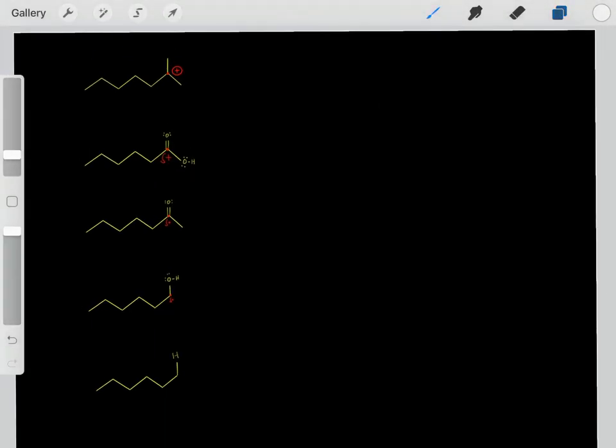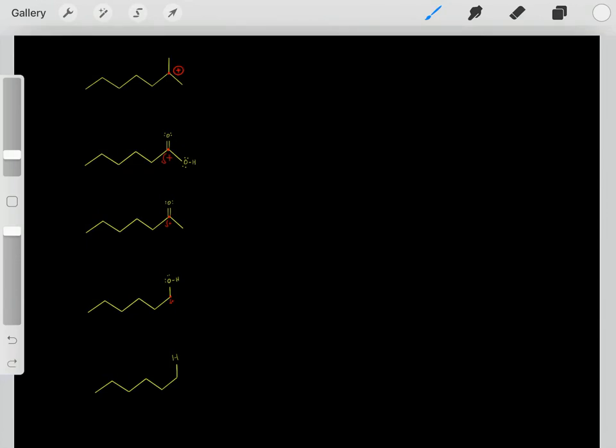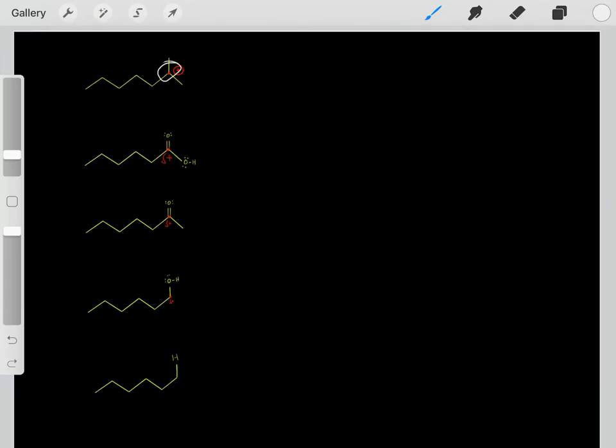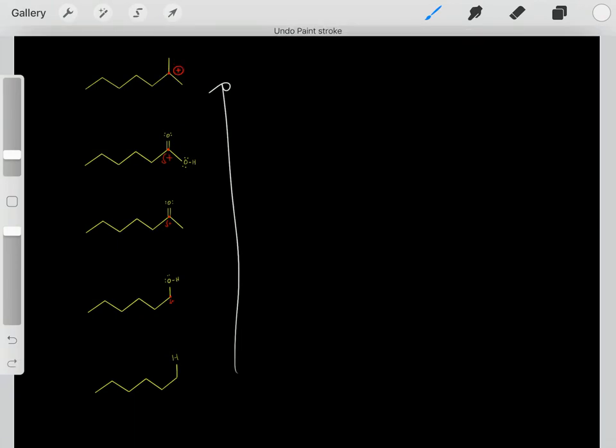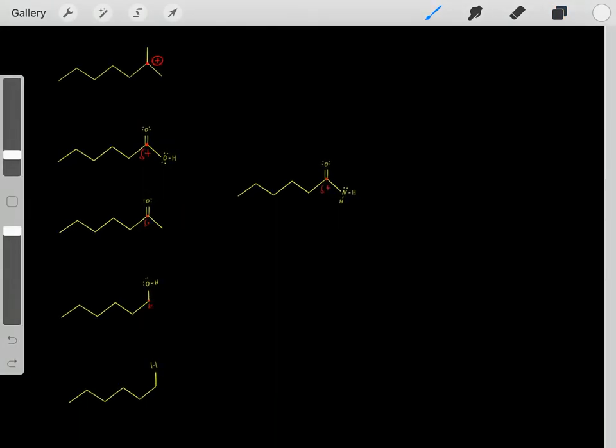But remember, formal charges are the most reactive. So this carbon with the formal charge of positive 1 would be the most electrophilic. So we would have this hierarchy. This is the most electrophilic, this is the least electrophilic. And what if we had this atom? Well, this carbon has 2 bonds to oxygen and 1 bond to nitrogen.